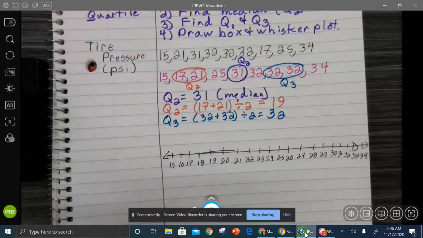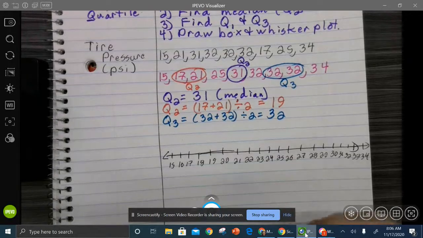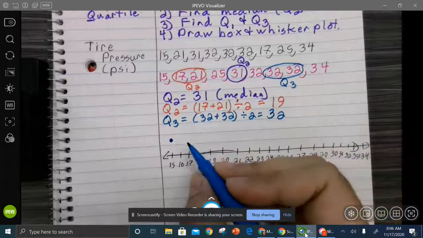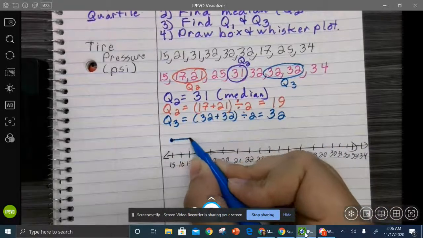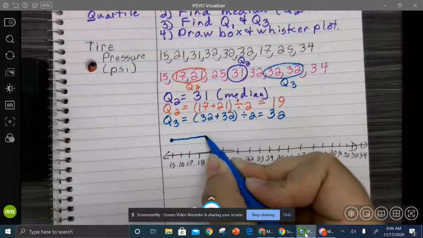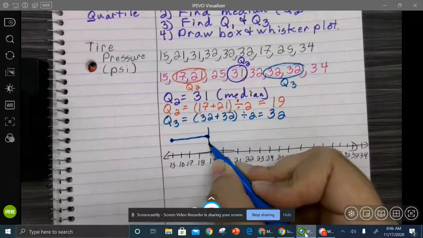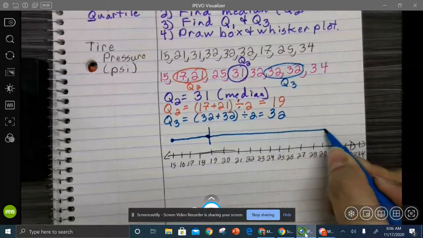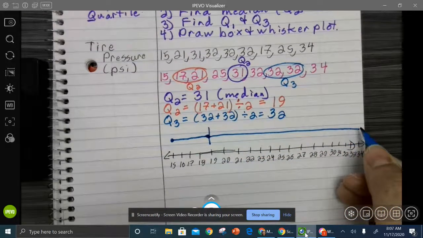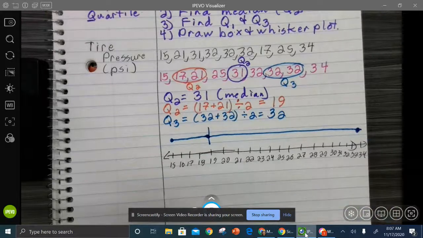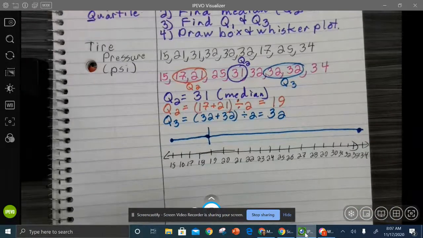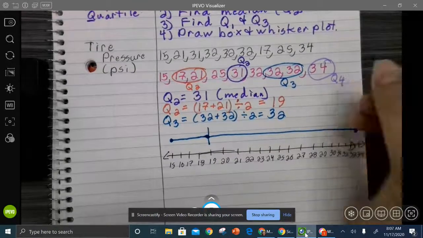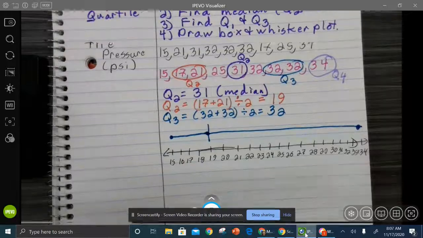Okay, so we got all of them on here. We start with 15 as our lowest, so we put 15 right here. And then our first quartile goes to 19 right here, everybody. I'm going to draw my first line right there. Then we keep going all the way to 34. Just so you know, 34 is our quartile 4. The highest number is always our fourth quartile. So let's put that on there.